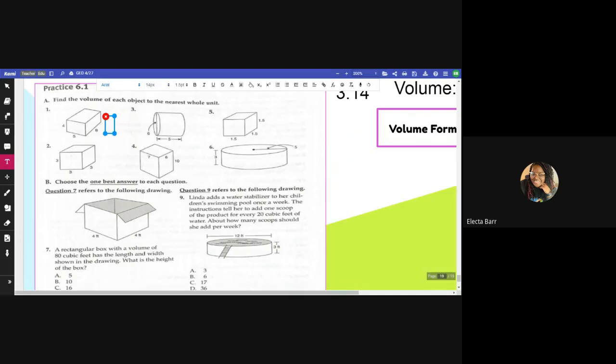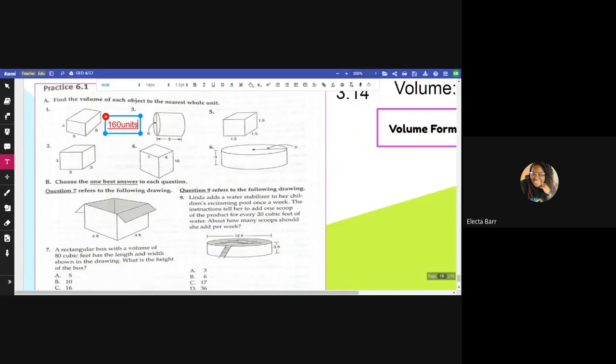Oh my God. Sorry about that. Number 1, you wanted to have 160. Why is it looking like that? Hold on. 160 units. And of course it would be cubed, 160.